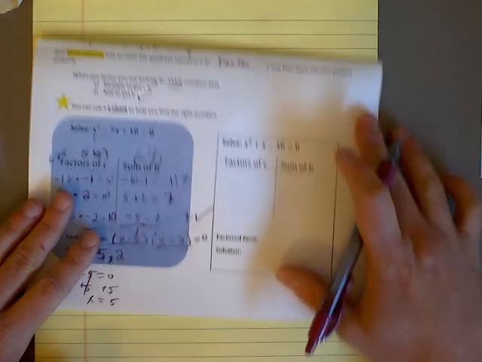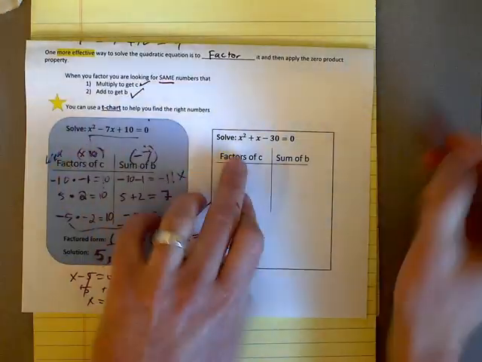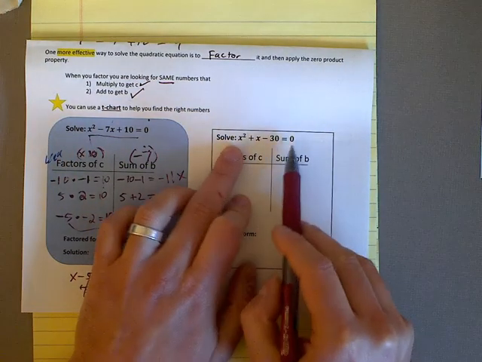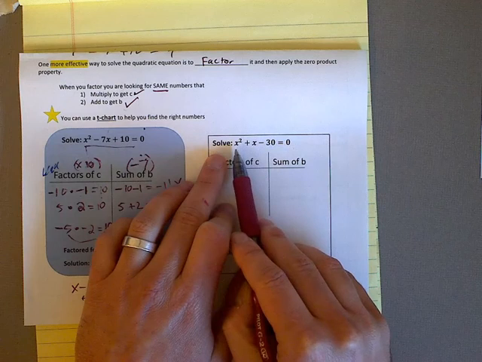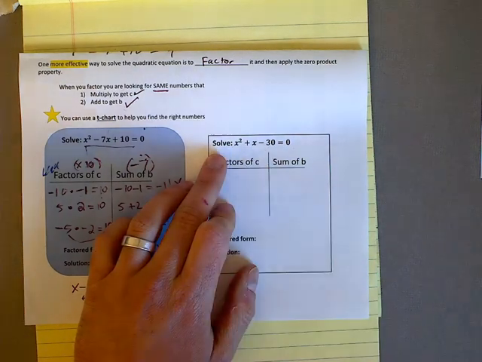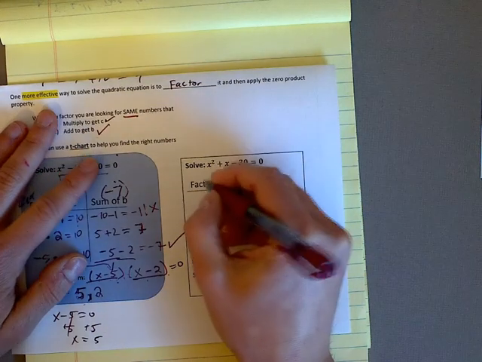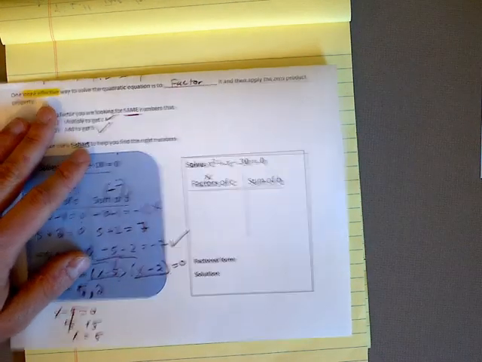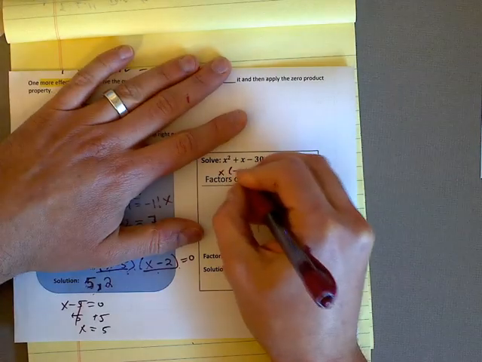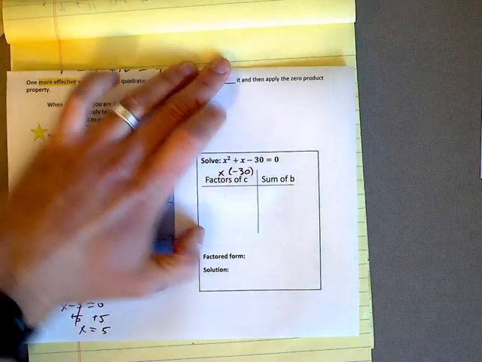Alright, so I think we could use one more example. In this case, I want to solve what would give me 0 if I have x squared plus x minus 30. So factors of c, factors is multiply. What's going to multiply to give me negative 30?